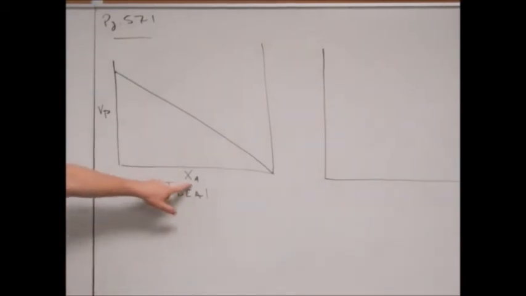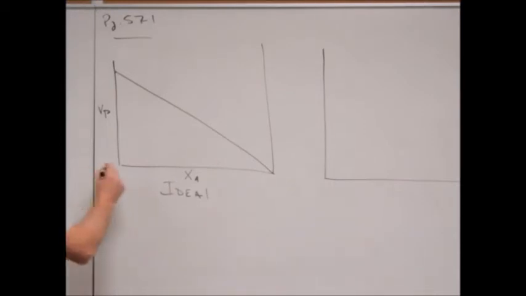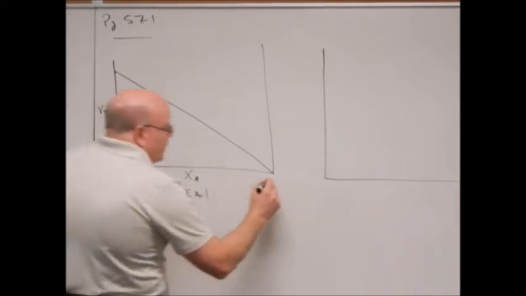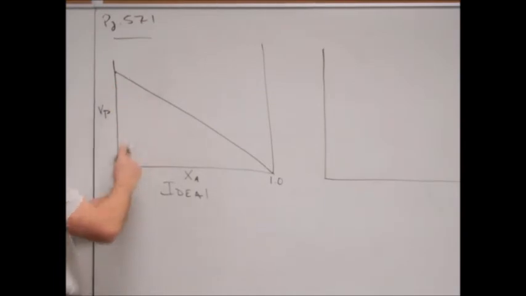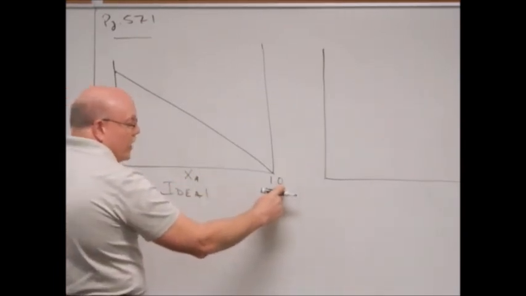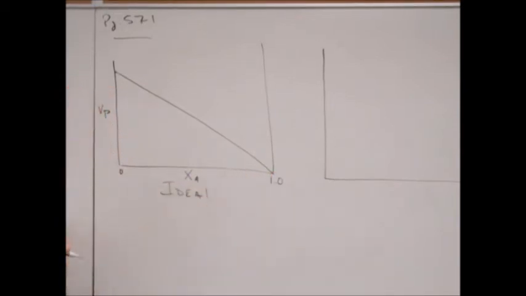This bottom x-axis is the mole fraction of A. On the one side, the mole fraction of A is 0, and on this side it is 1. In other words, on this side there's none of part A there. It's all A on this side. So it spans a whole different bunch of mole fractions.